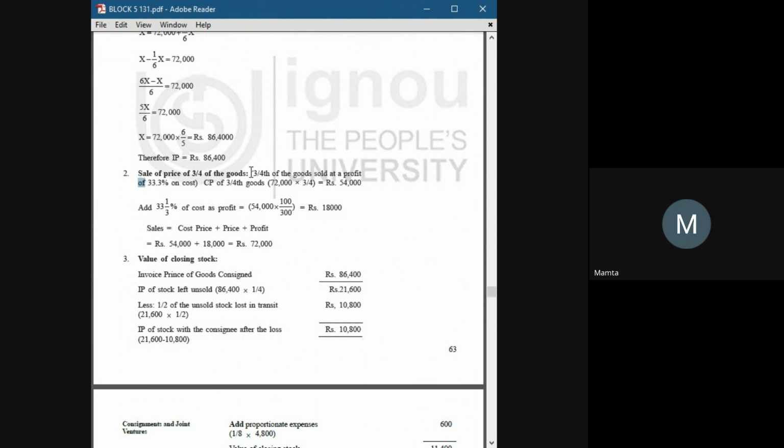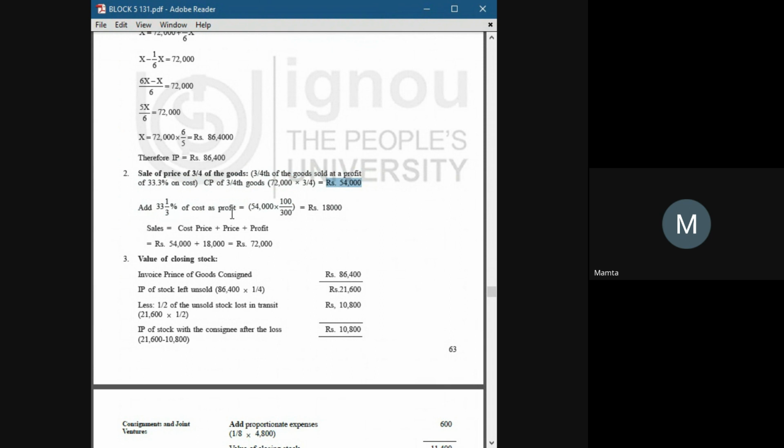See here. 3/4th of goods sold at a profit of 33.3% on cost. Goods were of 72,000 and 3/4 of those goods were sold. So only 54,000 rupees of goods were sold. And the profit on the same would be 33% of cost.